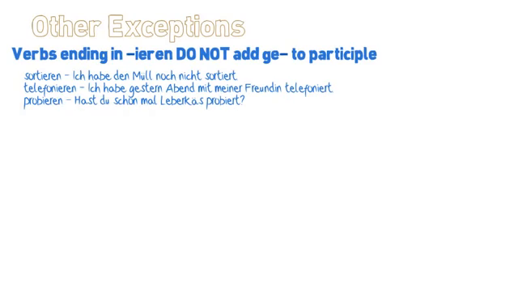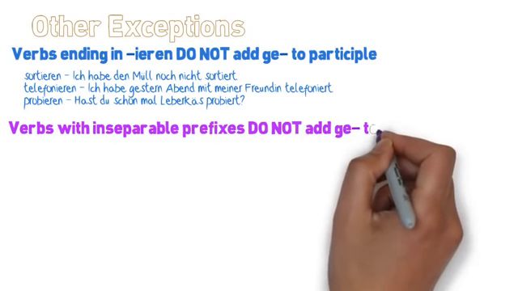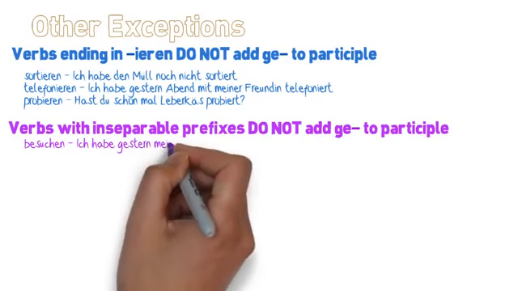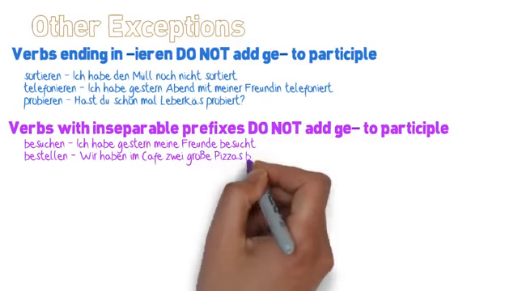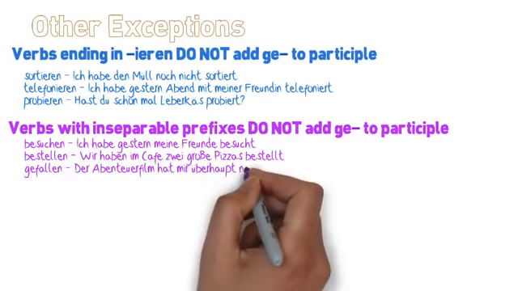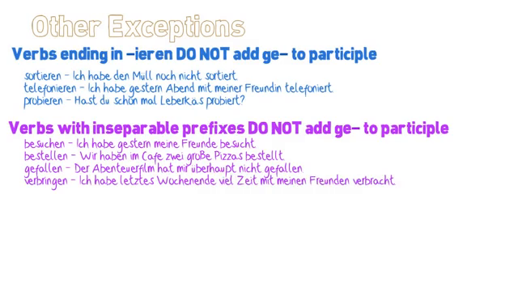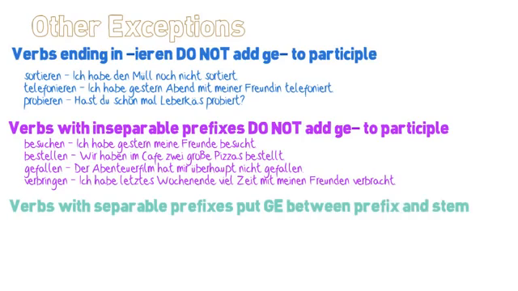Probieren would be probiert. Also, verbs with inseparable prefixes such as be, ge, or ver, don't add a ge to the beginning of their participles either. So besuchen becomes besucht, gefallen becomes gefallen, not gegefallen. Bestellen becomes bestellt, verbringen becomes verbracht with no ge.